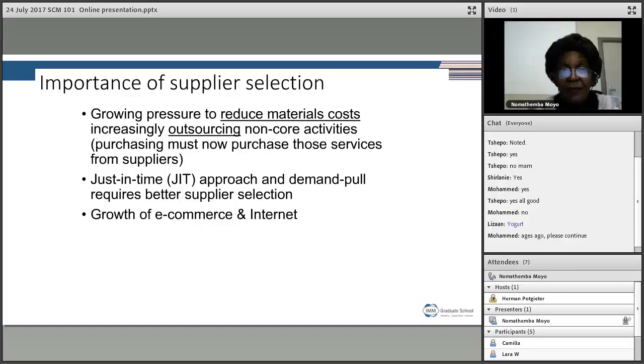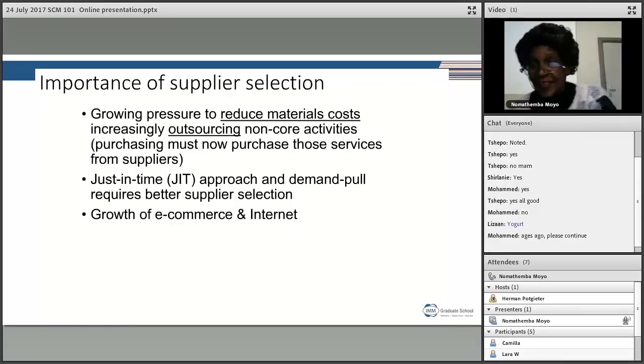Growing pressure. Why is it important? The growing pressure to reduce materials costs, increasing outsourcing of non-core activities. Purchasing must now purchase those services from suppliers. Remember, when you are outsourcing, you are also purchasing a service from somebody else, from another organization, because you want to reduce costs.